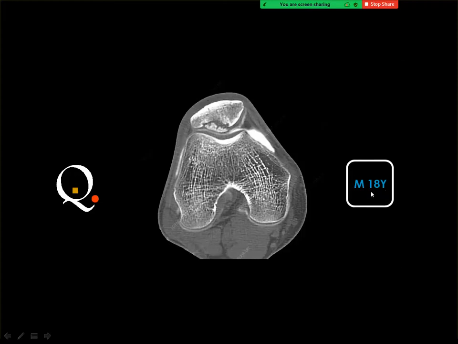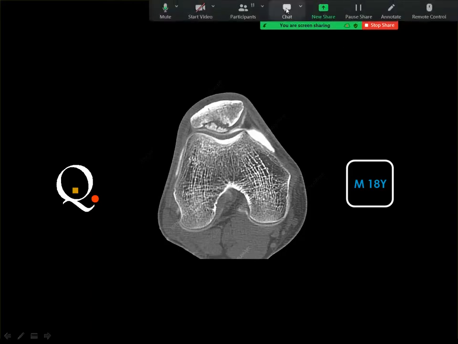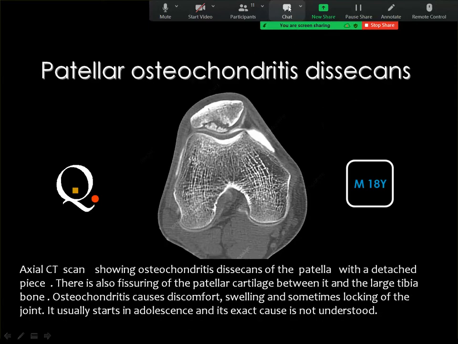Male, 18 years old, and this is an axial CT image of the knee after injection of contrast material inside the joint. Okay, and you got the answer.